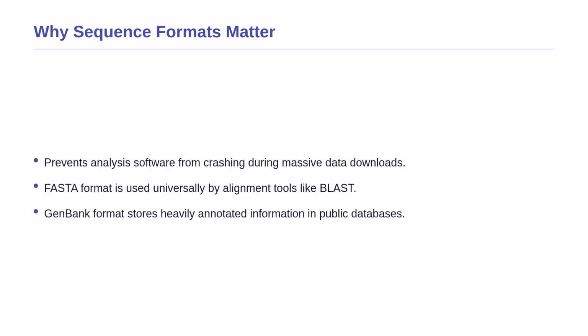Standardized formats like FASTA are used universally by powerful alignment tools, such as BLAST, to rapidly compare sequences across different species. Meanwhile, richer formats like GenBank are used to store heavily annotated information in global public databases.